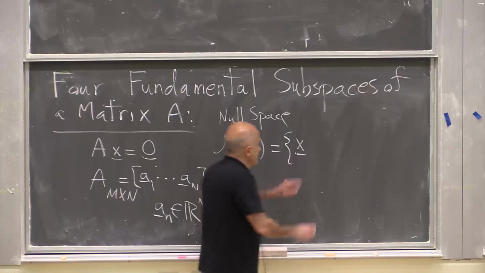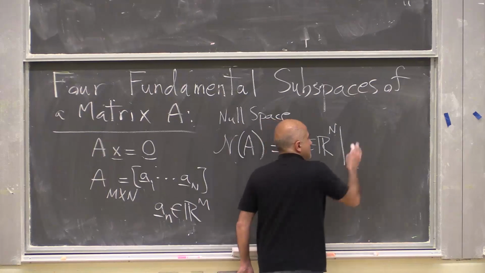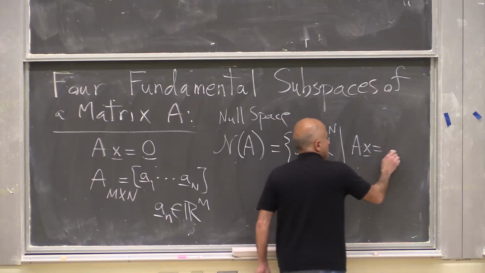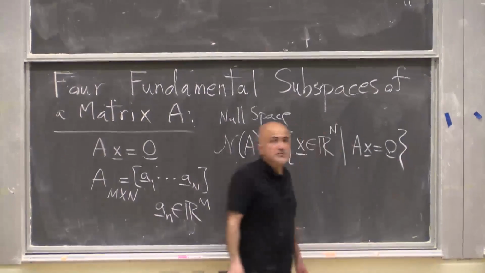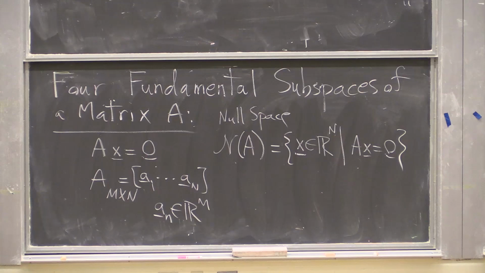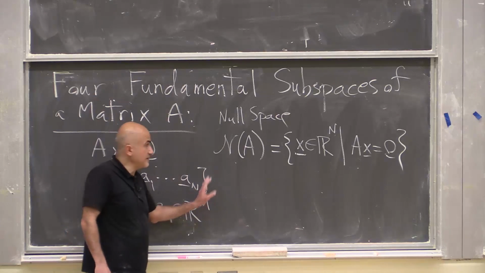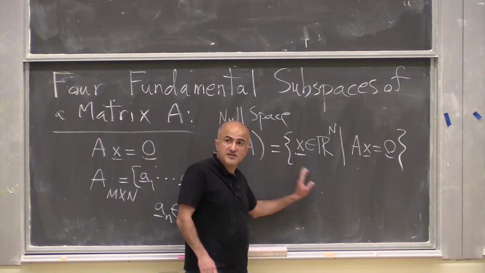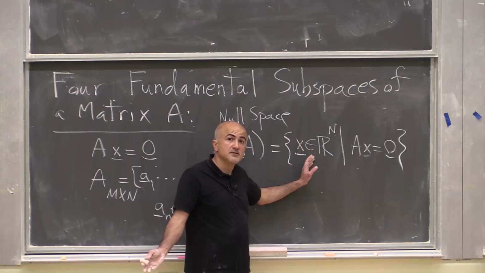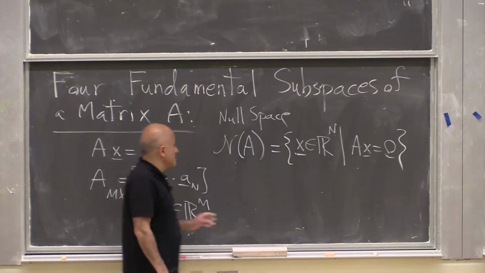So this is the set of vectors in Rn such that Ax equals 0. In other words, you feed these vectors into the matrix A, and it spits out the 0 vector. You already know that if the columns of A are linearly independent, then the only vector in the null space is the trivial 0 vector, right?